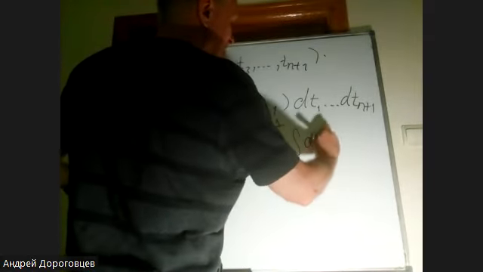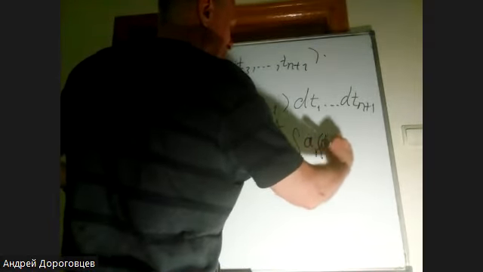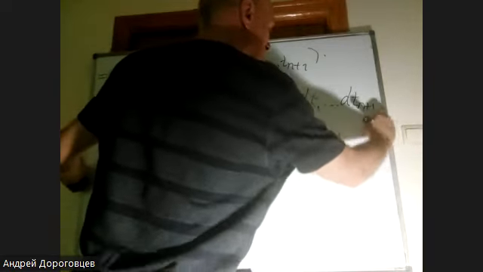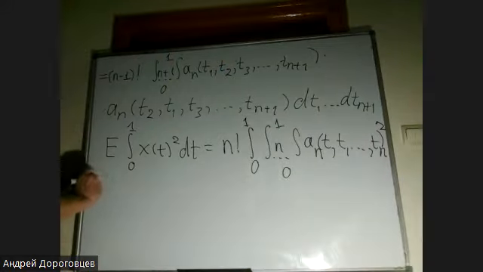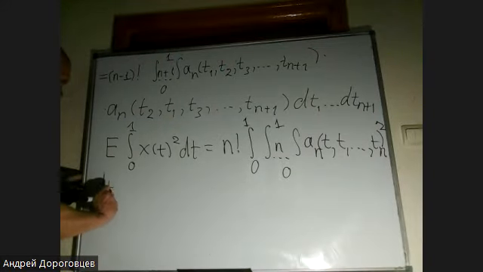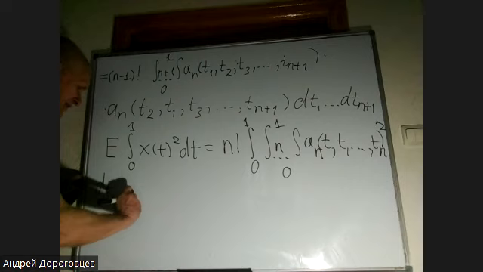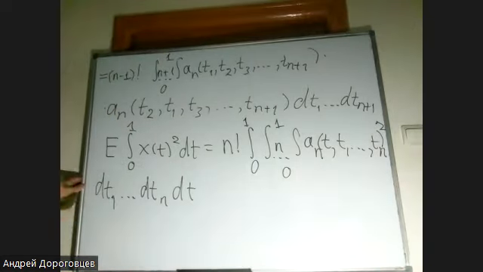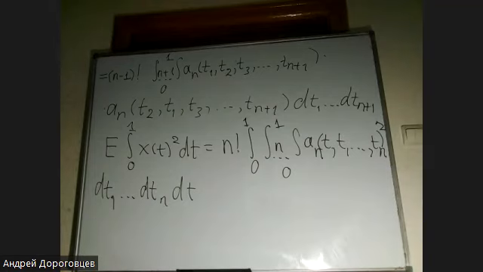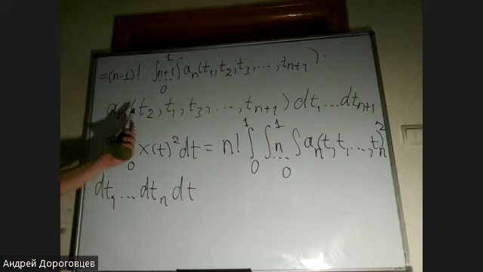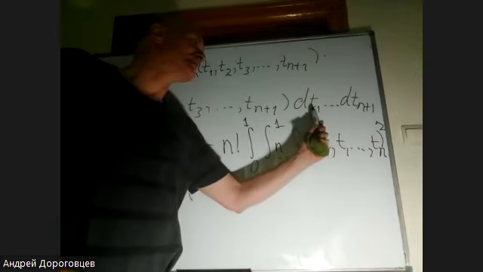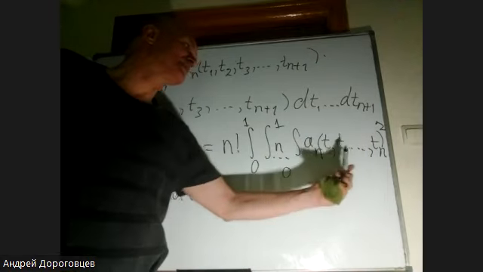And a_n(t, t1, ..., tn) squared dt1 ... dtn and dt. Again, I will do exactly the same operation as before. I want to have just the integral over variables t1, ..., t_{n+1}.